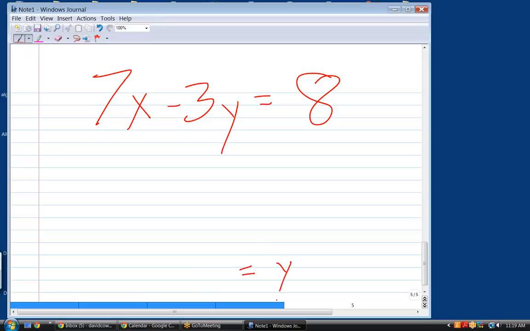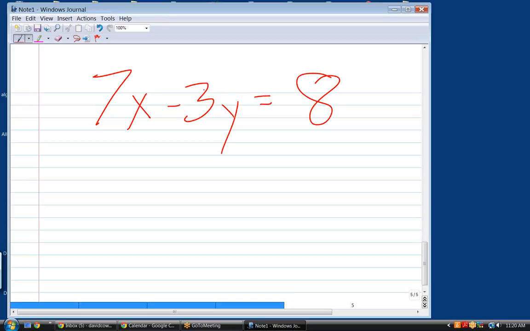I don't care if my y is on the left side or the right side, but I want it all by itself, and I don't want any y's over there. As long as I've got y on one side and nothing but x's and numbers on the other, then I've accomplished it.